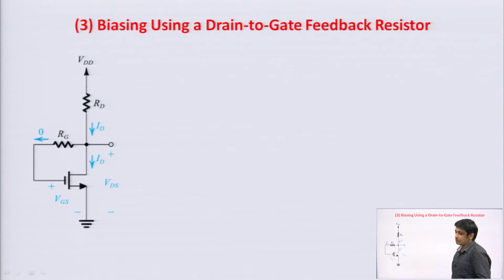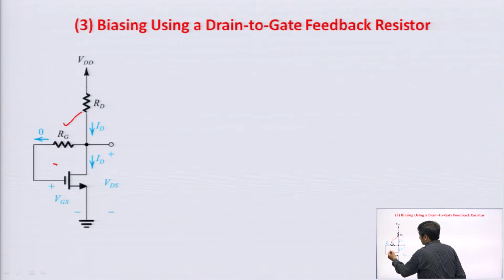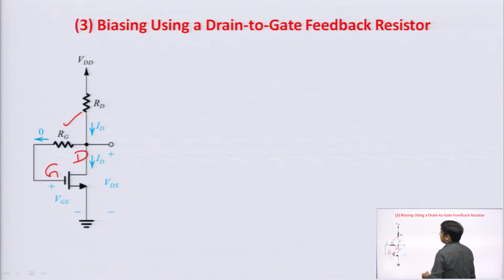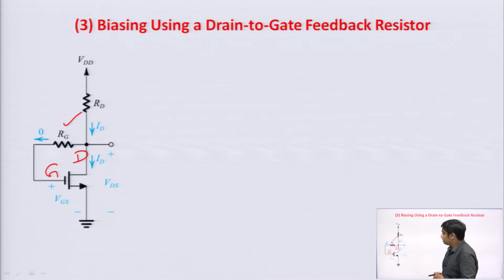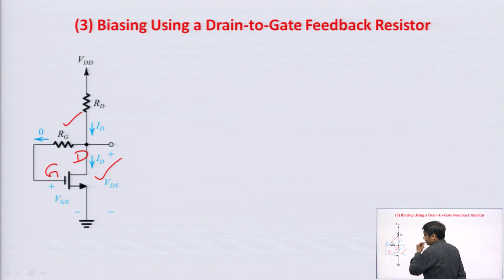Next technique is biasing using drain to gate feedback resistor. In drain to gate feedback resistor, we connect a resistance Rg in between the gate terminal and the drain terminal, and we have already studied this kind of circuit in lecture 3, fine. In that particular class, the device was BJT and this resistance Rg was represented with RB, fine.